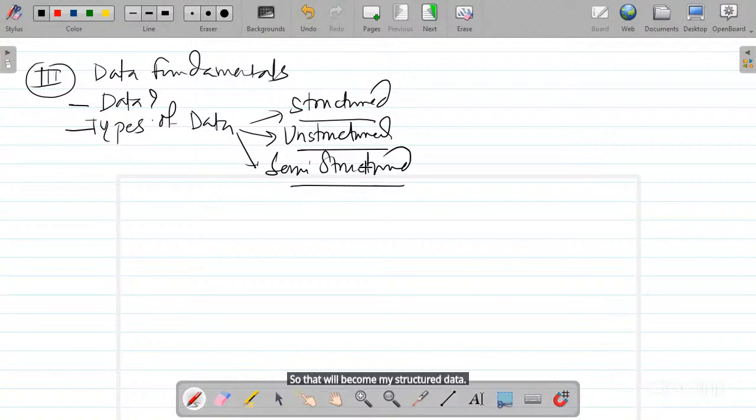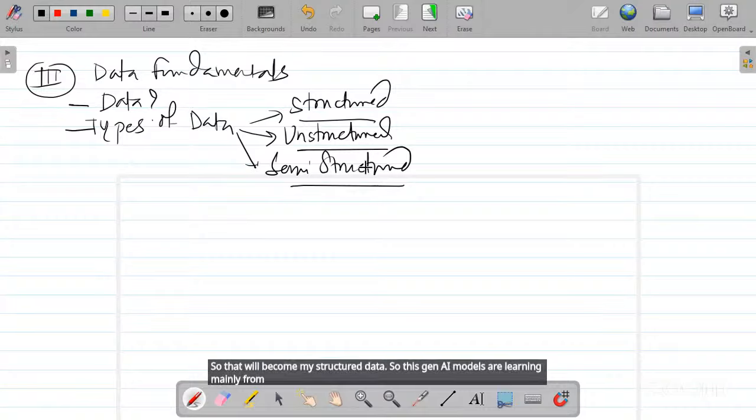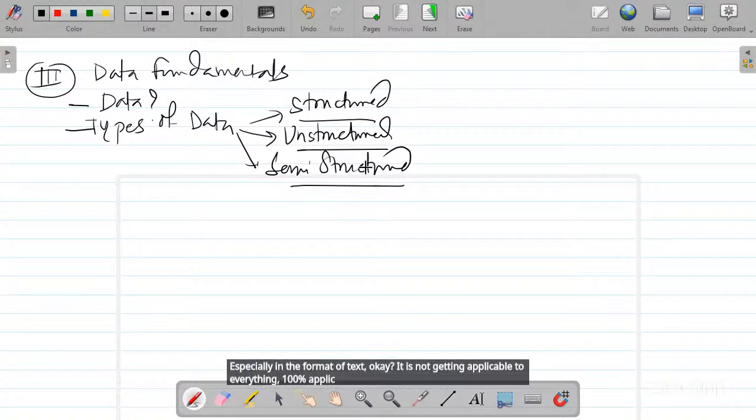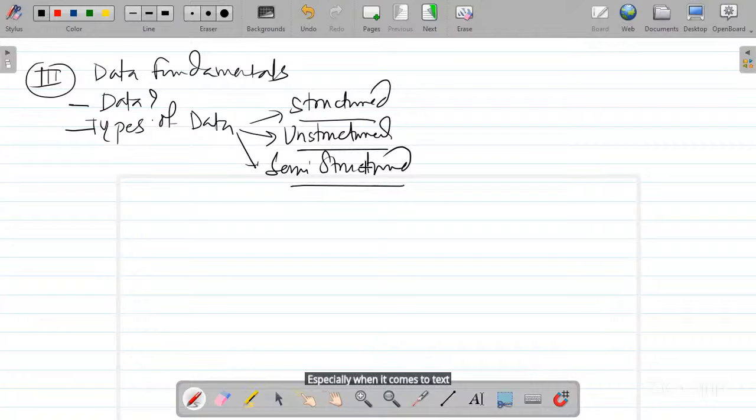So these GenAI models are learning mainly from unstructured data, especially in the format of text. It is not 100% applicable to all aspects, but especially when it comes to text, GenAI is learning mainly from unstructured data. Then, how is this data getting processed?